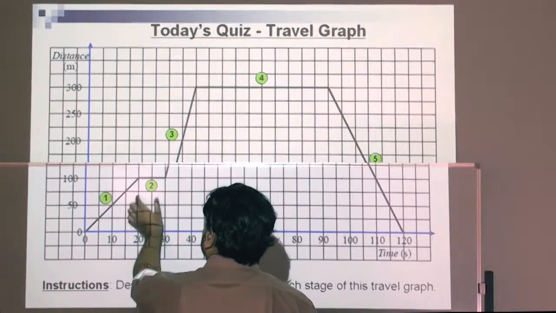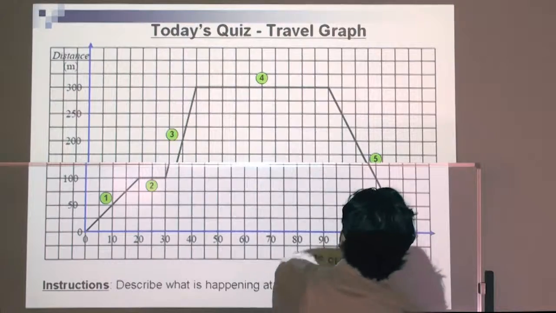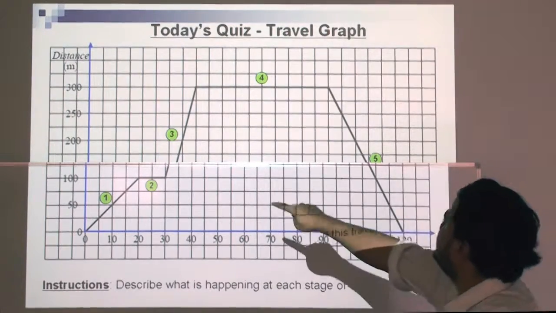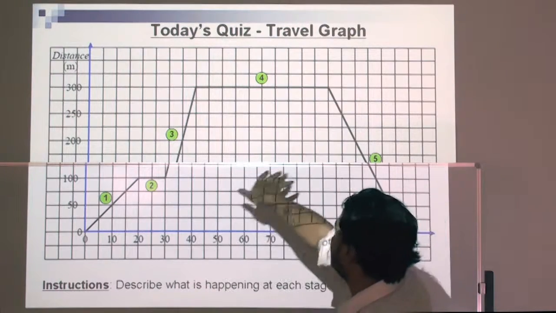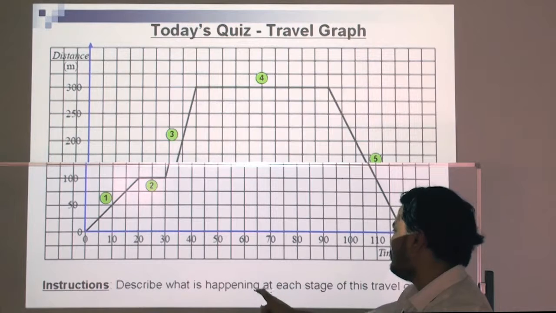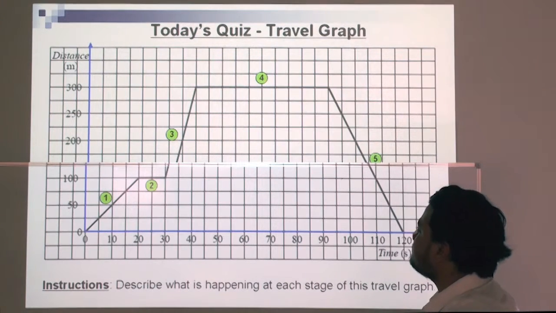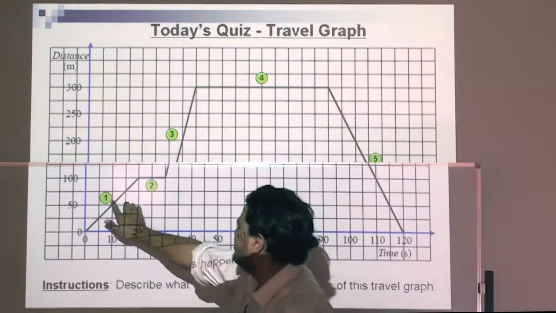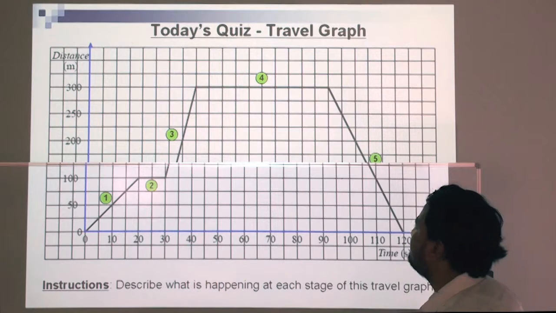And then for the next 10 seconds, it remains at 100 meters, and so forth. I've marked some points, 1, 2, 3, 4, and 5. This is a car traveling through time. The instructions: describe what is happening at each stage of this travel graph. What's happening at stage 1, 2, 3, 4, and 5?